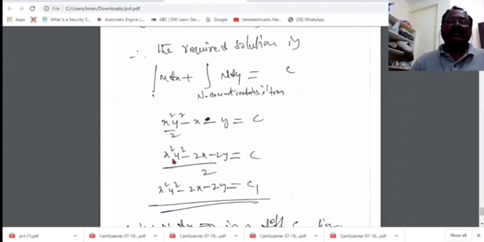So taking the LCM, (x²y² minus 2x minus 2y) by 2 is equal to c.